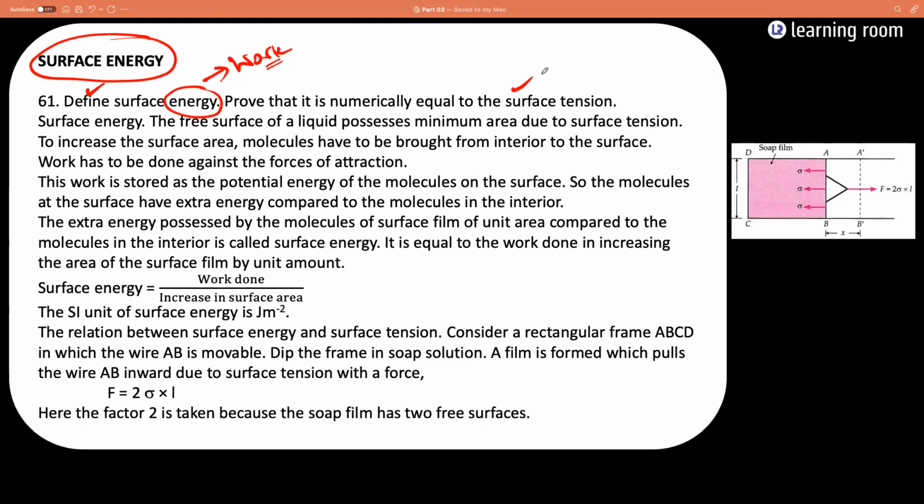You're actually doing work against the cohesive forces exerted by the water molecules. What is cohesive? Cohesive is the force acting between particles of the same nature.